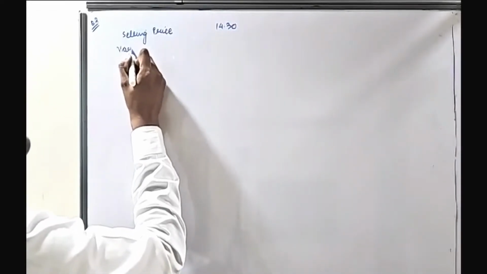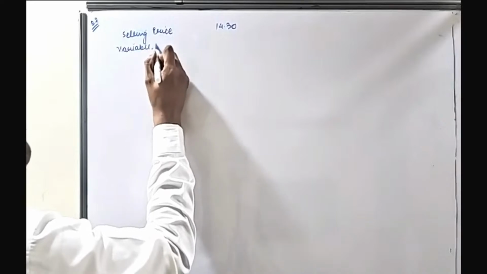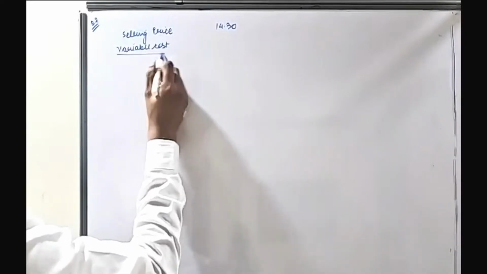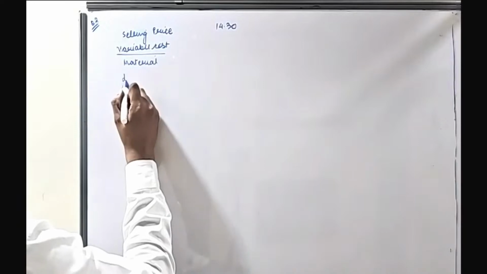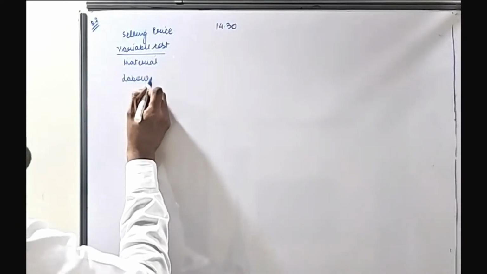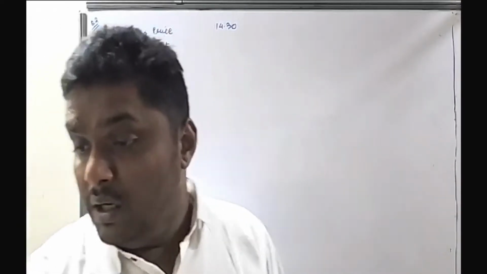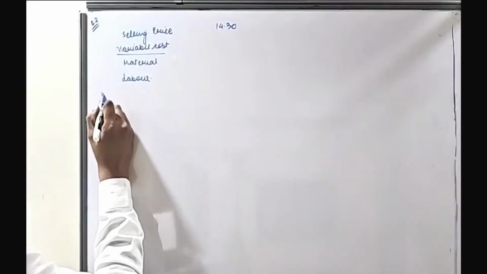My variable cost we have: material, labor, work overhead and sales overhead.